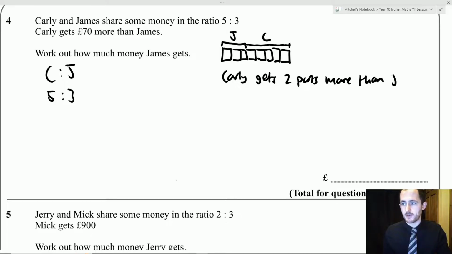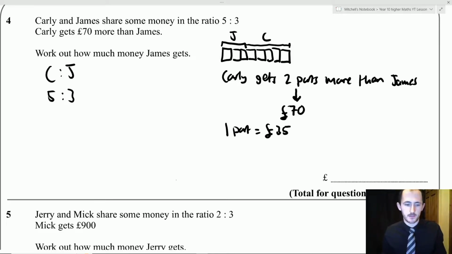Yep, 70 extra. 2 parts. And those 2 parts are worth £70. Right? So Carly gets £70 more than James. And she also gets 2 parts more than James. So 2 parts is £70. So 1 part is £35.